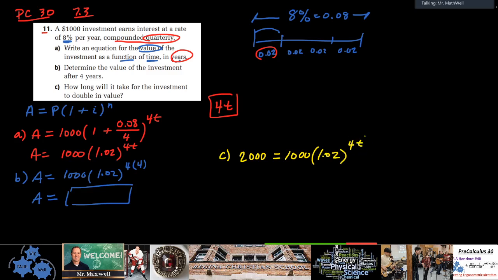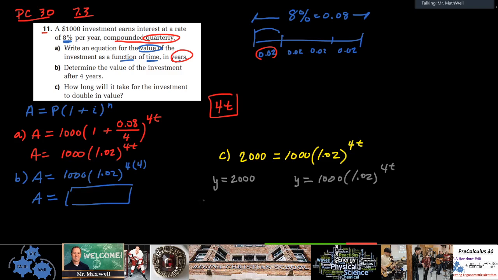So you're solving now for t, and there are 2 ways you could do that. You could graph on graphing technology 2 different functions: y equals 2,000, and y equals 1,000 times 1.02 to the power of 4t, or 4x, or wherever you put it in your calculator. And then you could find the intersection point.